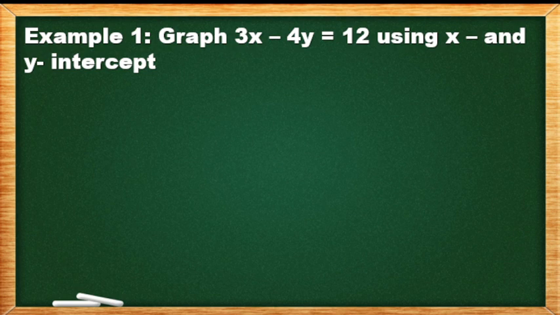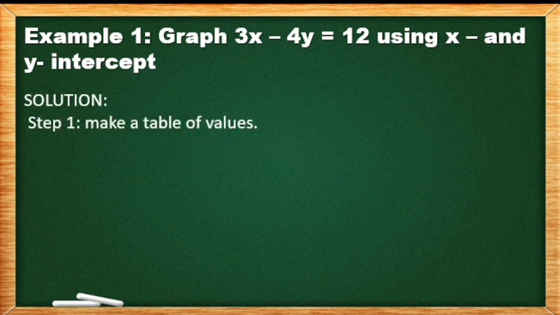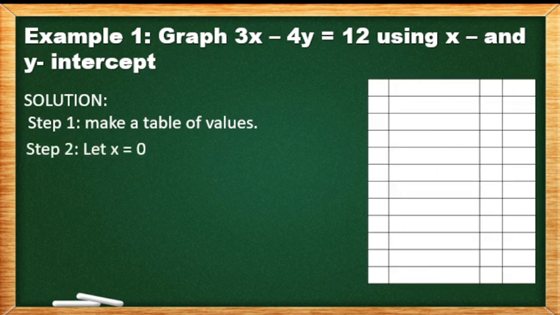Example, graph 3x minus 4y is equal to 12 using x and y-intercept. Solution. Make a table of values. Same lang. Then first, we need to let x is equal to 0. So, 0 daw yung x natin. So, meron tayong substituted value of x.